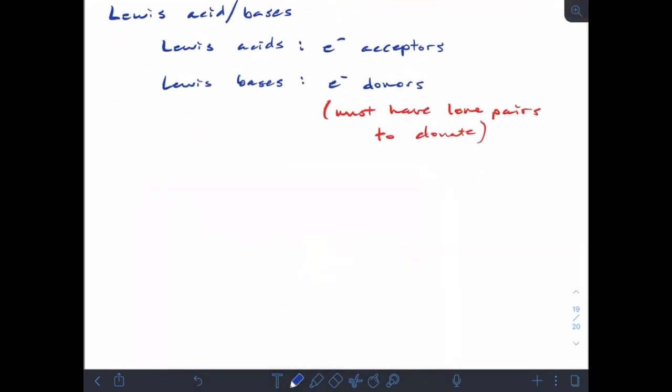So let's look at an example. If I have some hydrofluoric acid plus some water, and remember that water has some lone pairs on that oxygen, we'll get some F- and some H3O+, right? Hydrofluoric acid plus water gives us some hydronium ion.